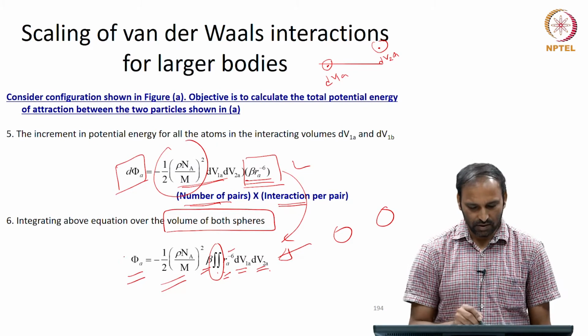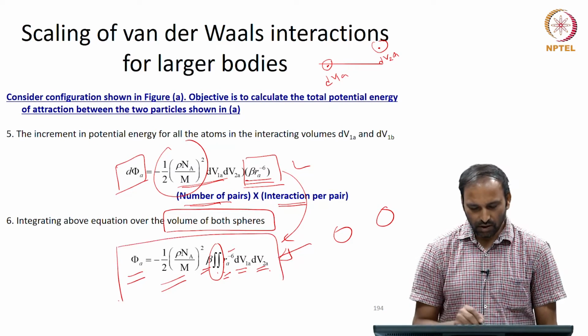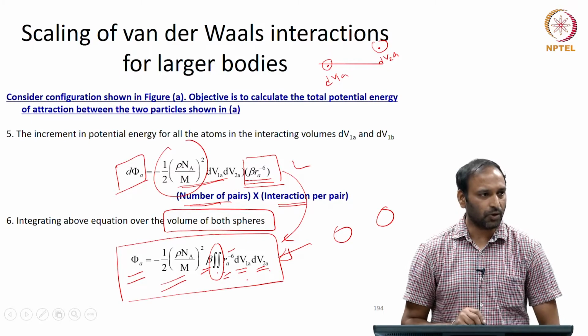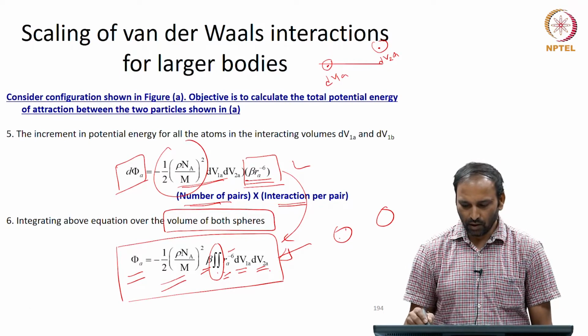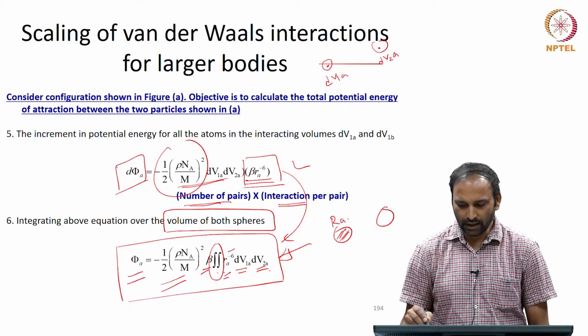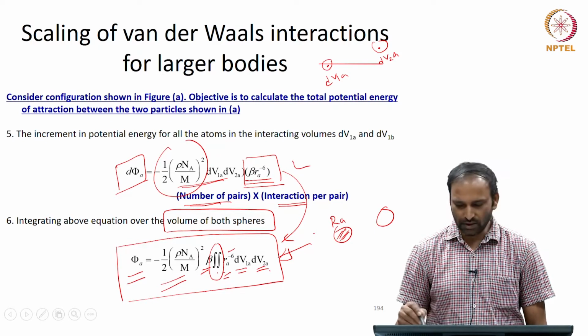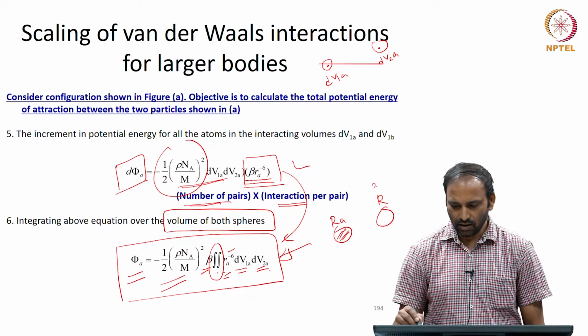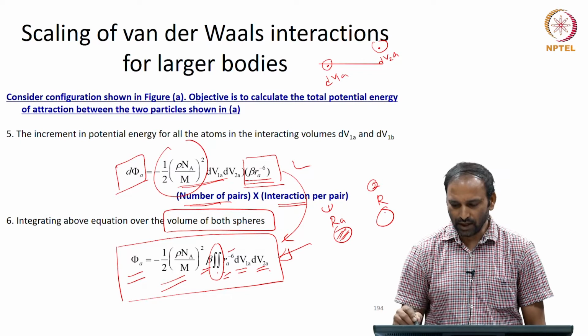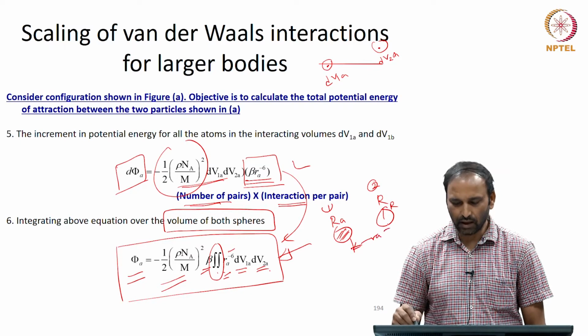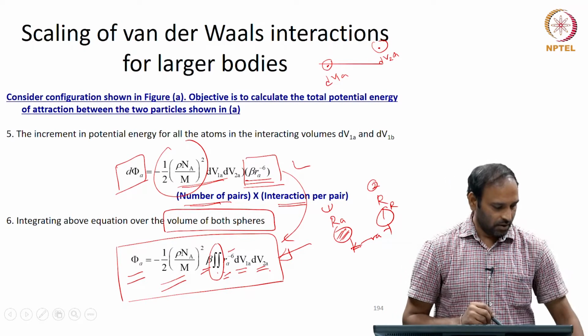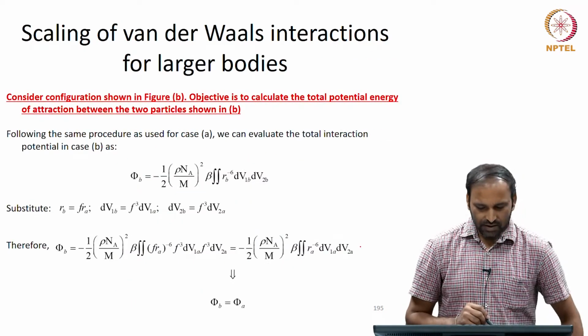So, that is the total interaction potential between all the atoms in particle 1 which has a radius R_A and particle 2 which also has radius R_A, and they are separated by a distance R_A. I can do a similar exercise.